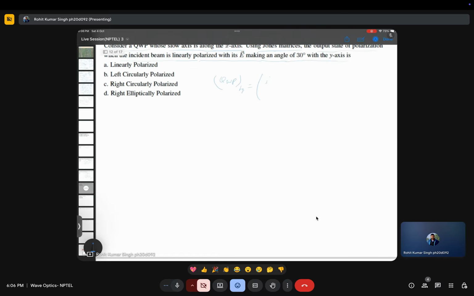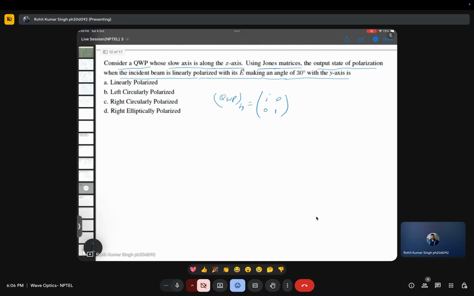This is our Jones matrix, 1 0 0 i, right? And the incident beam is the one where this matrix will be applied. So incident beam is linearly polarized.